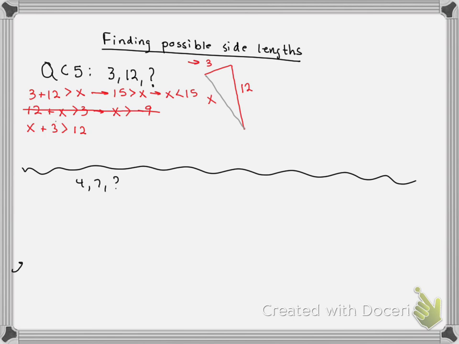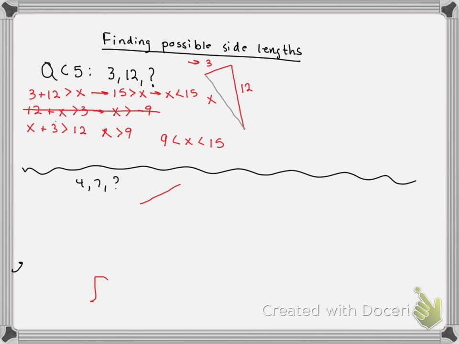So solving the last inequality, we'll subtract 3 from both sides, and we get that X is greater than 9. So as long as X is greater than 9 and less than 15, those sides then will form a triangle.